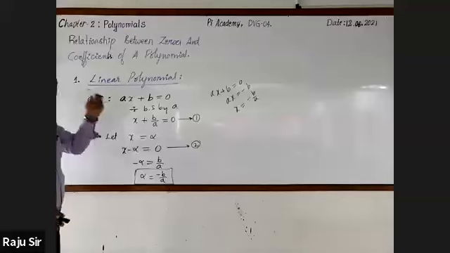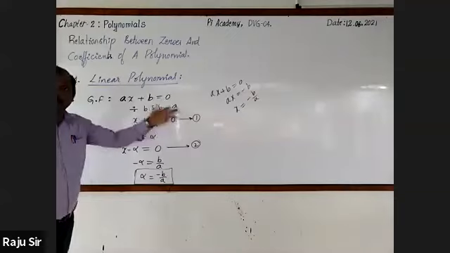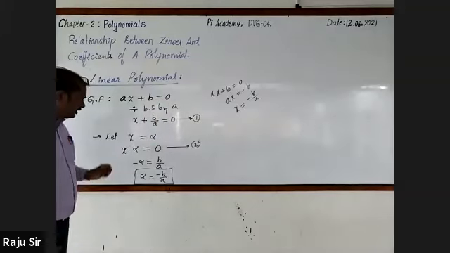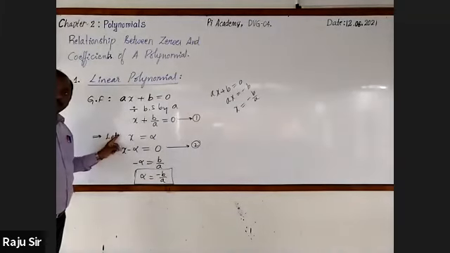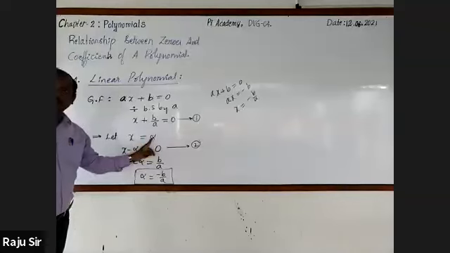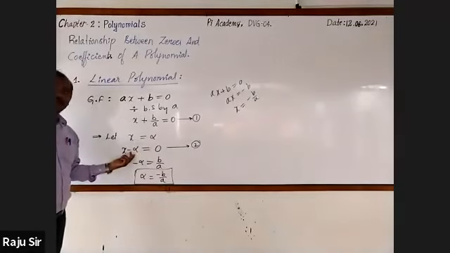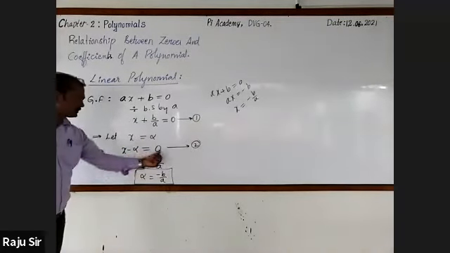Yes, sir. Sir, why should we divide by a only, sir? We can divide by b also? You are asking rightly, why should we go for dividing this by a only? Why not by b? Let me give you the reason. Look here, we have assumed the zero as alpha. And taking alpha to the left hand side, it becomes x minus alpha, that is equal to 0.